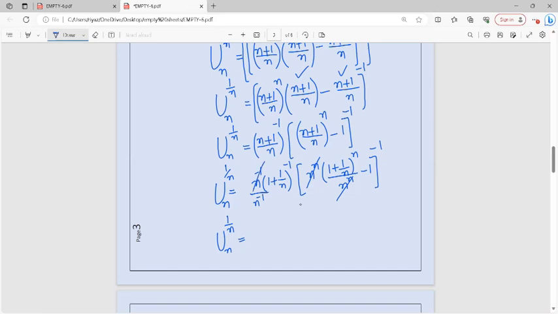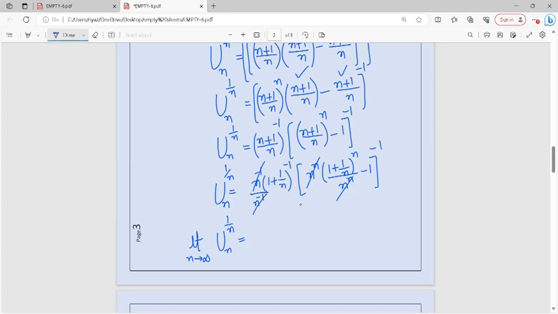Even though this and this also cancel. Now taking limit n tends to infinity on both sides: limit n tends to infinity of u_n whole to the power of 1/n.